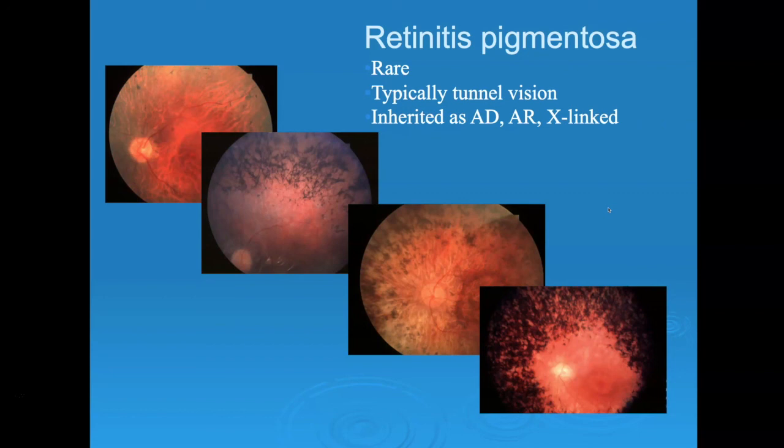There seems to be an overrepresentation of RP in medical school exams because these patients have stable disease and are very willing to come to examinations. So just take a time to have a look at this typical bone trabeculation pattern of pigmentation of the retina.